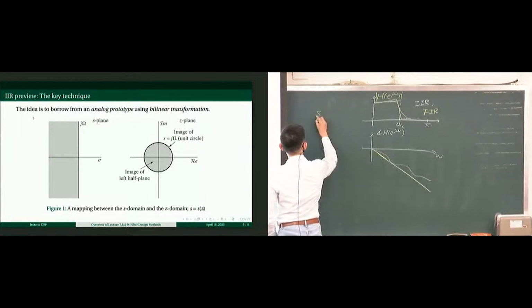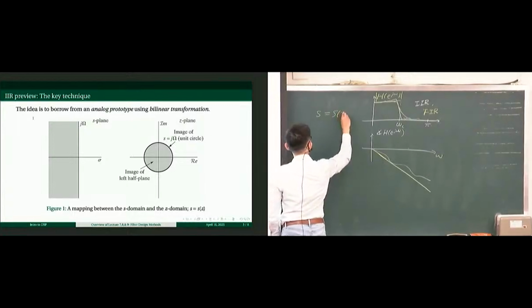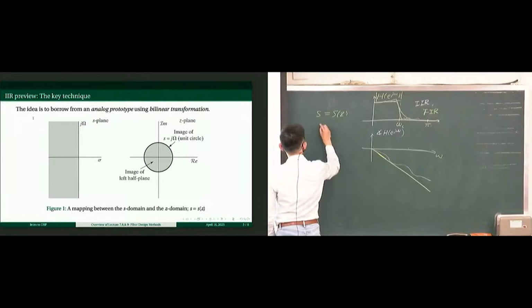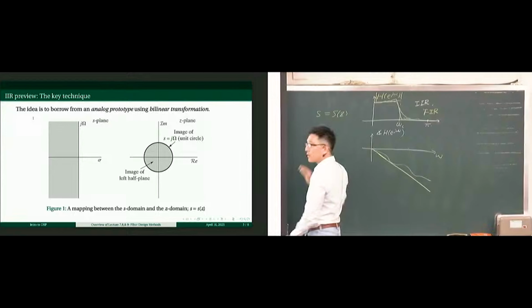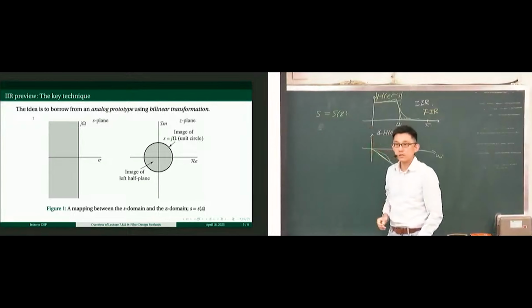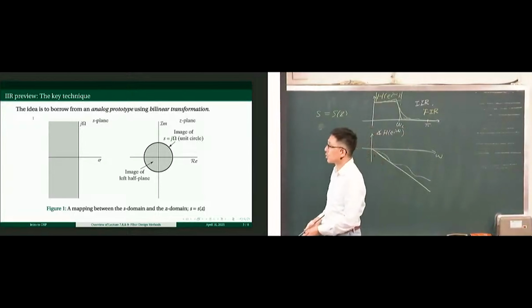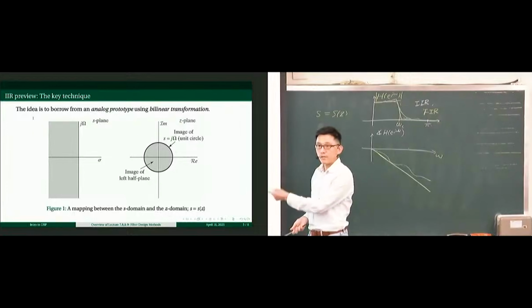So it's a mapping. Bilinear transformation can be written generically as S being a function of Z. We'll learn that. It's going to be a mapping between the two complex planes, one in the S domain, the other in the Z domain.